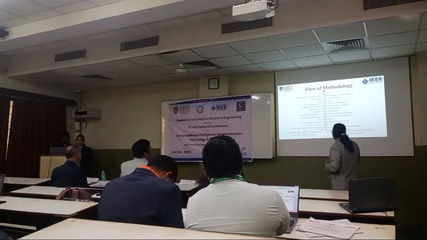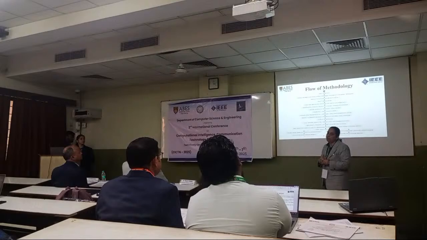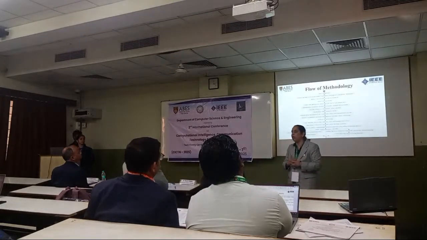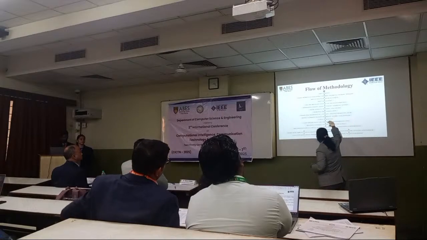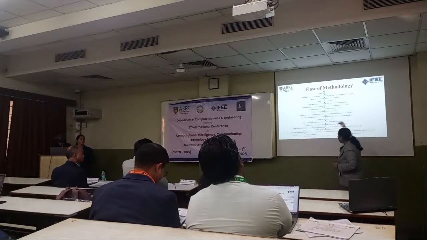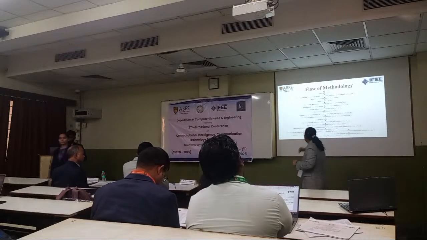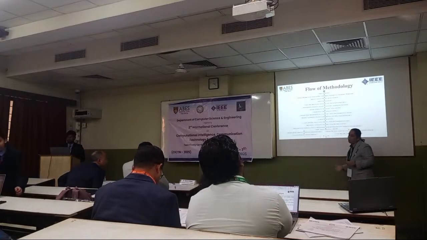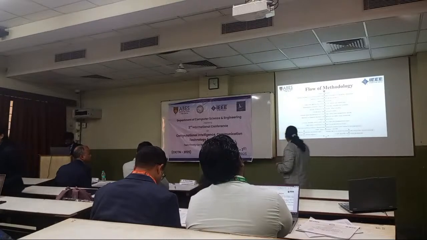So this was the flow chart. Starting from the first basic step, pre-processing, then feature analysis and feature extraction, and applying normalization, we have to identify what kind of model can be applied. There is LSTM as well as bi-directional LSTM that will be applied.